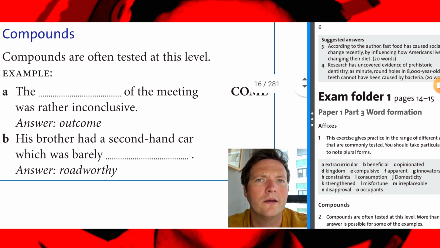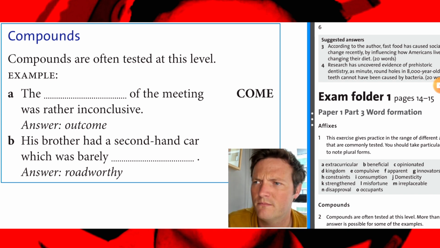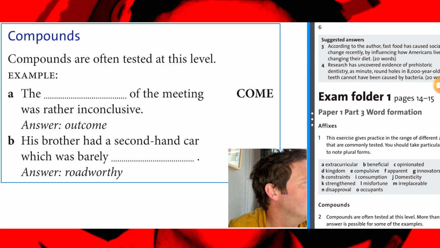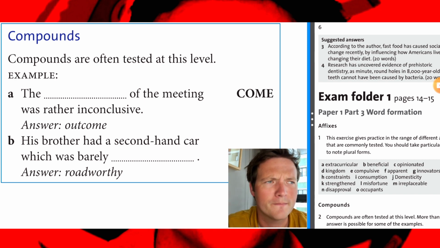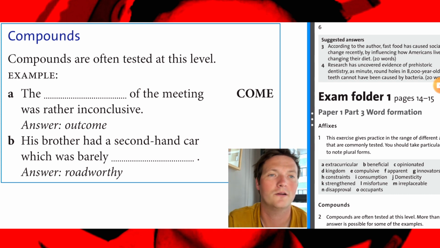A quick note here on compounds. By the way, if you're wondering which book I'm using, it's... what is it? Complete Proficiency? No. What's the name of this? I should know. I don't. The name will come to me in a minute. Yeah. I can't remember.